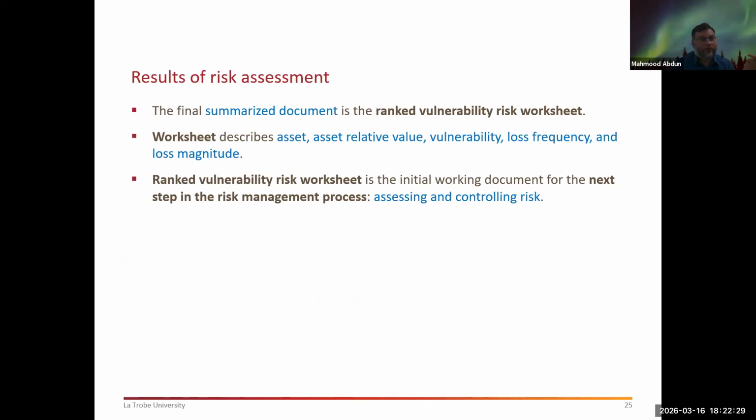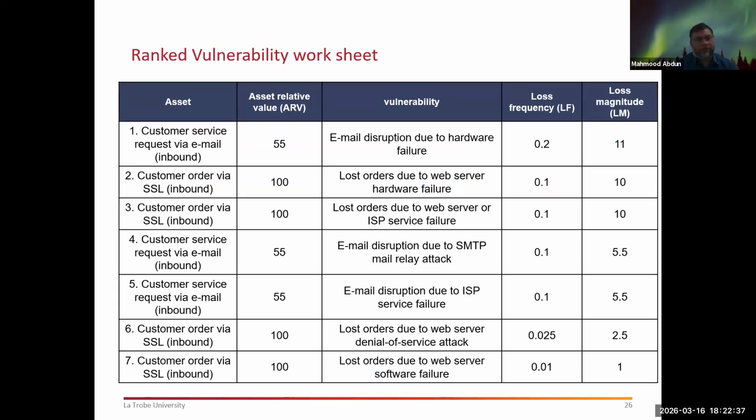So the worksheet is basically an asset relative value, vulnerability, loss frequency, loss magnitude, and so on. Let's go here. Okay, so this is known as a ranked vulnerability worksheet. The ranked vulnerability worksheet is basically where you quantify how much loss you're expecting from the event.